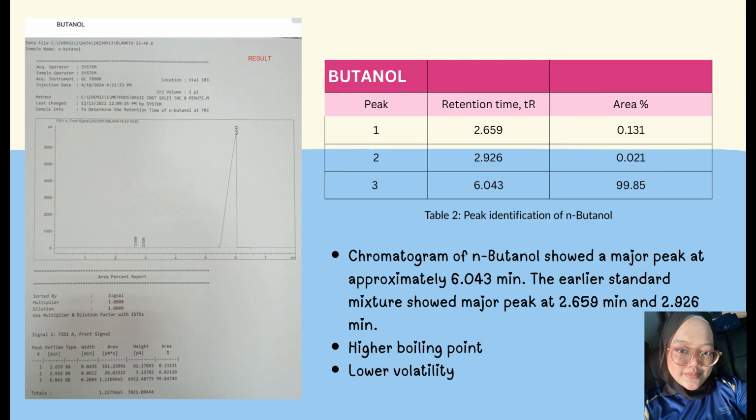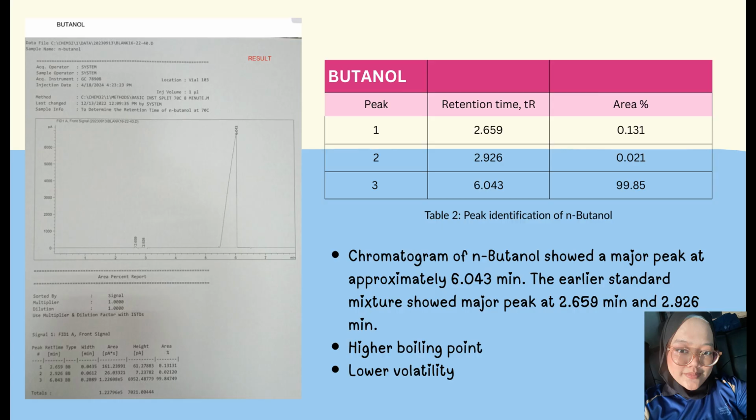Moving on to our result for butanol, please take a look at the chromatogram and the data in Table 2. In this trial, we identified these three distinct peaks. Peaks 1 and 2 appear very early at 2.659 and 2.926 minutes.